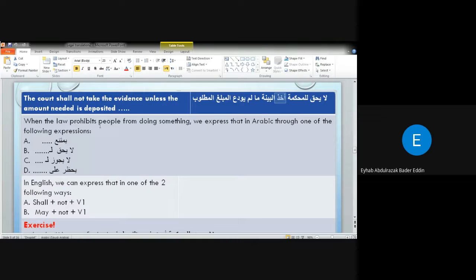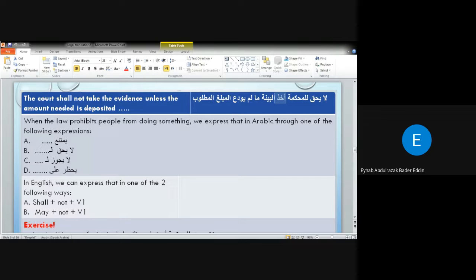So when the law prohibits people from doing something, which means we are expecting sentences with a negative particle after shall, we express that in Arabic through one of the following expressions. We have different expressions, and you can use any of them. So here we have shall not, a law prohibiting people from doing that.